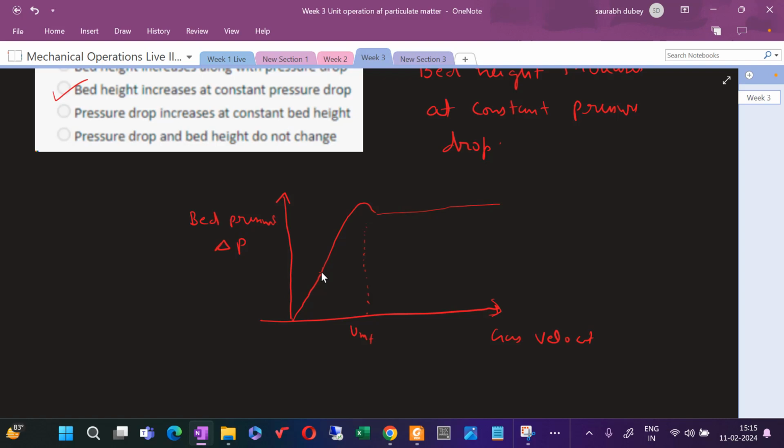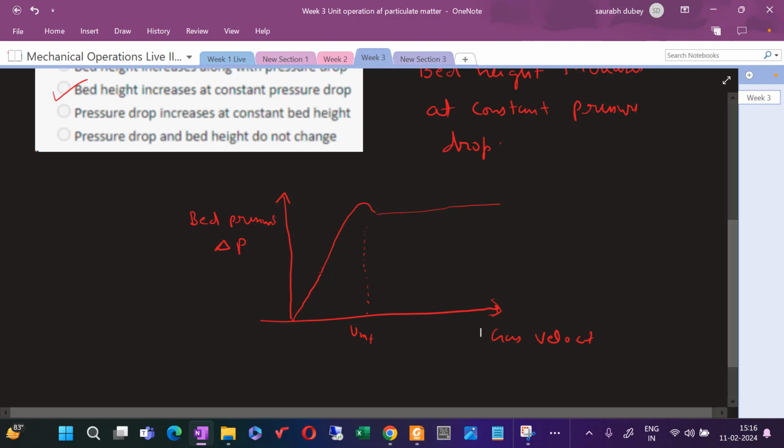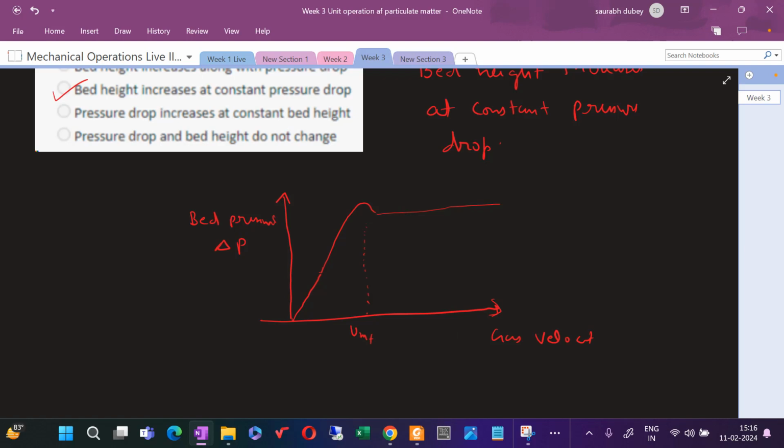So what is actually happening is that as you increase the gas velocity from the bottom, the pressure drop increases. Even when the pressure drop is constant, the bed is fluidized, so there will be an increment in the height.